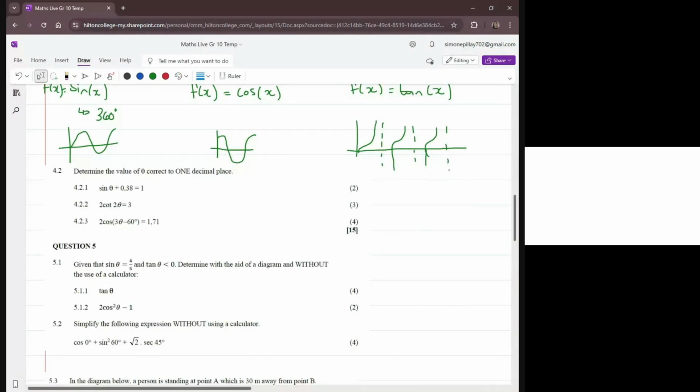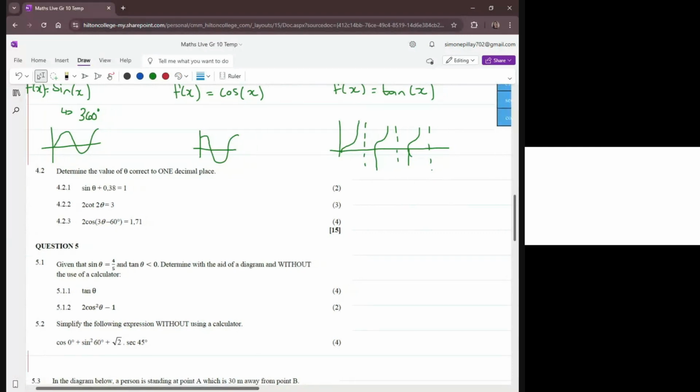So the next one that we have is 2 cot, and that is cotangent, in case you guys didn't know. 2 cotangent, and remember cotangent is just the inverse of tan. And then we have 2 theta equals 3.